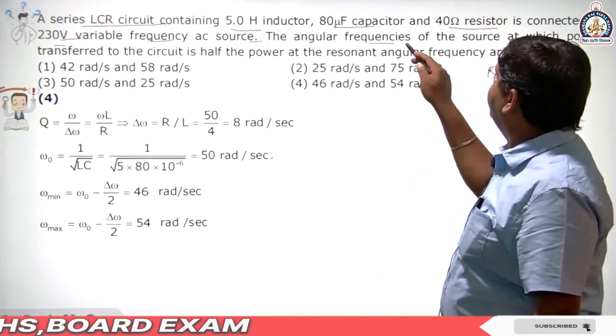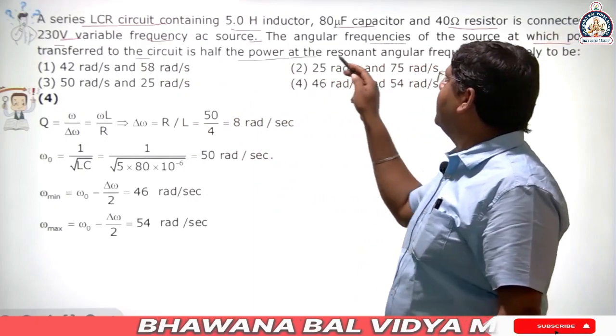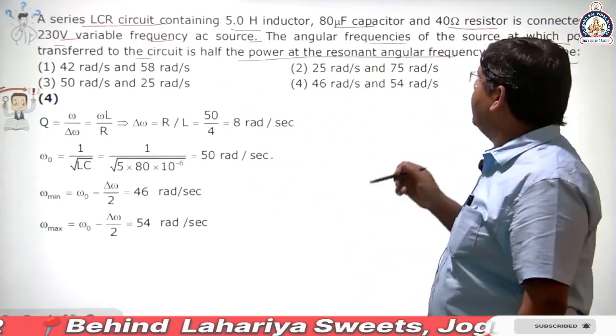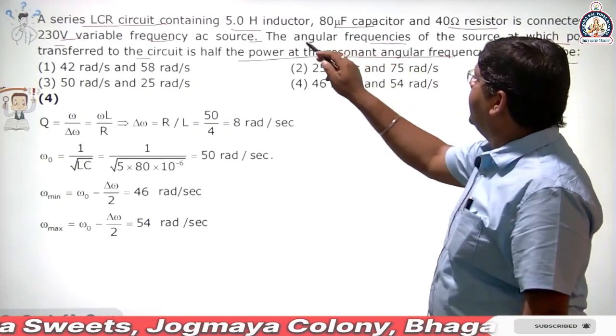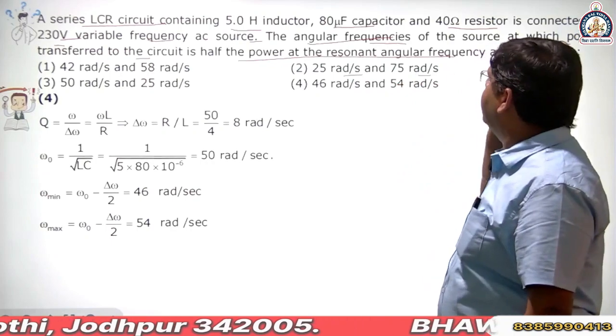Now the angular frequency of the source at which the power transferred to the circuit is half of the power at the resonance angular frequency is likely to be? We have to calculate the angular frequency, which is always measured in radian per second.